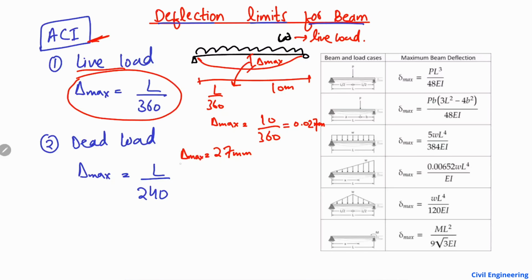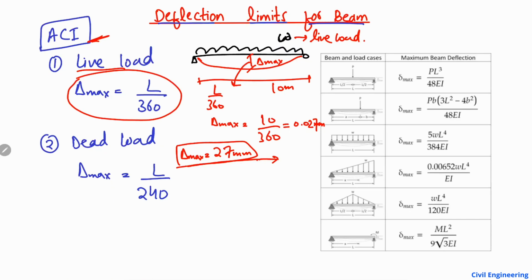So the maximum allowable deflection for this beam due to the live load will be 27 millimeter. If you find the deflection from the beam analysis and it is greater than 27 millimeter, then you have to redesign your beam by increasing the thickness of the beam or by changing the material property of the beam.